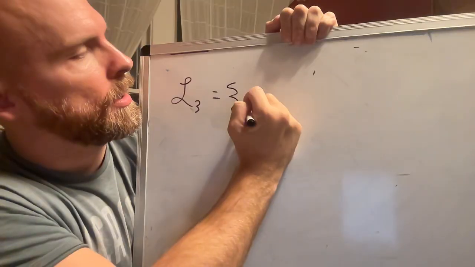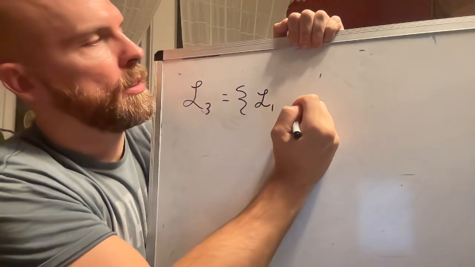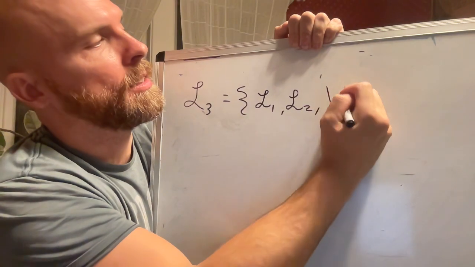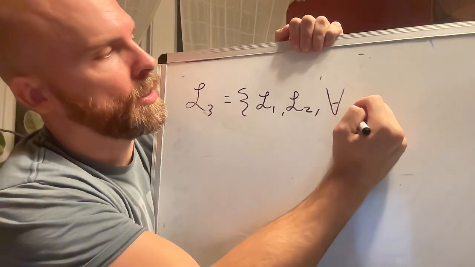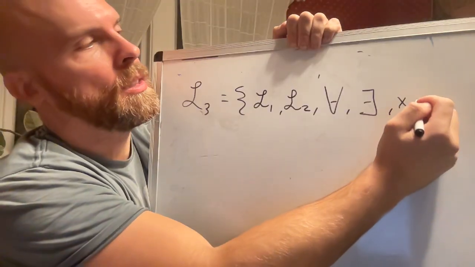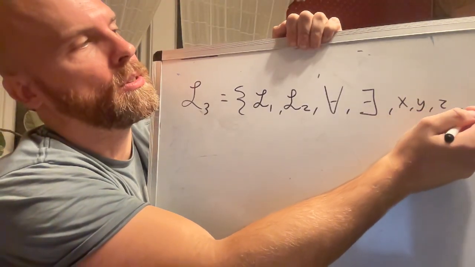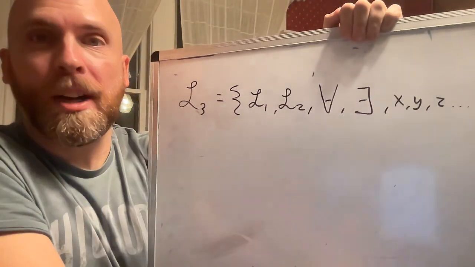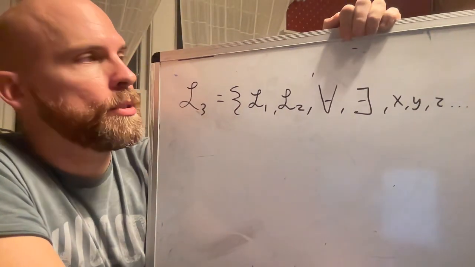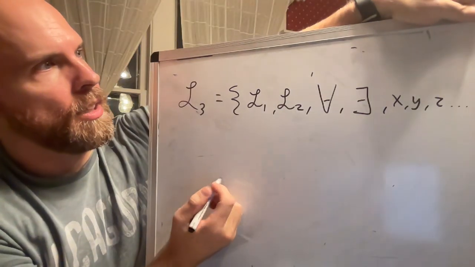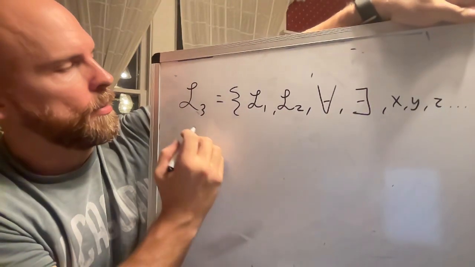We have everything in L1, everything in L2, plus we get the universal quantifier, the existential quantifier, some variables, and so on. This allows us to essentially count things in our language, and of course we construct formulae with that in mind.